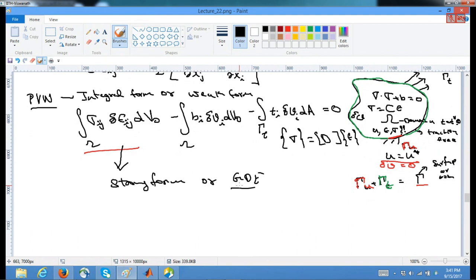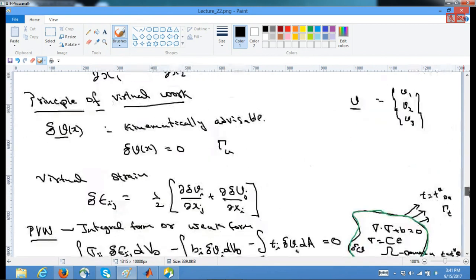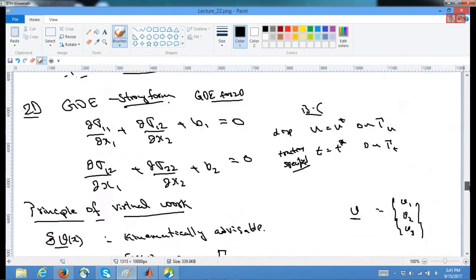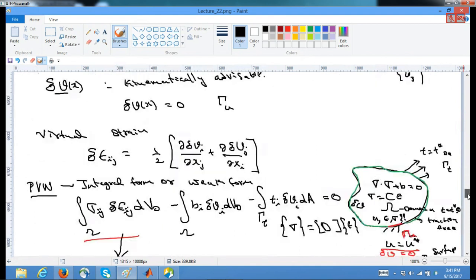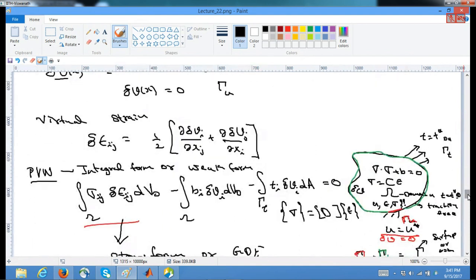You can come up from the principle of virtual work: you take your governing differential equation and multiply with respect to the virtual displacement, and then you carry out some kind of divergence theorem. Then you can write it in the similar form for certain quantities, and all the things that you have been using is nothing but the method of weighted residuals and some divergence theorem.